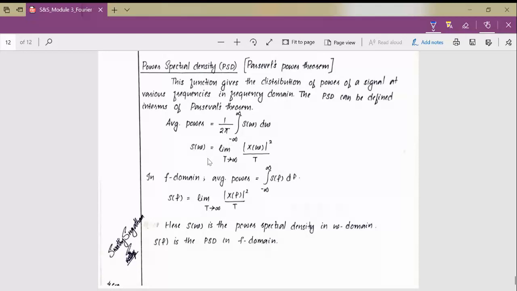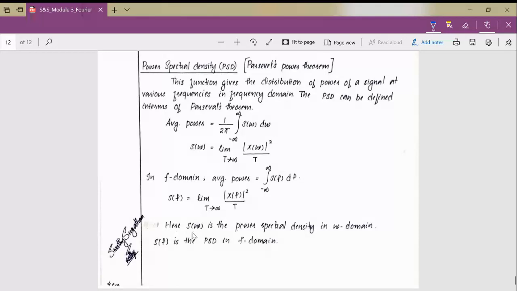So S of omega will be limit T tends to infinity of magnitude of x of omega the whole square by T. In the frequency domain in hertz, the average power will be integral minus infinity to infinity S of f df, where S of f will be limit T tends to infinity of magnitude of x of f the whole square by T. Here omega means frequency in radians and f is frequency in hertz.